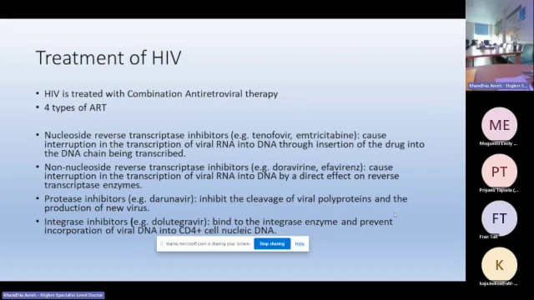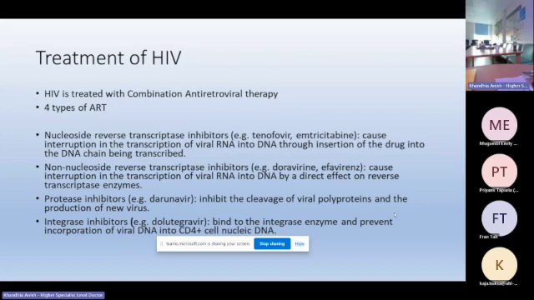Now, I just wanted to look very briefly at the treatment of HIV. Previously it was called highly active antiretroviral therapy, or HAART, but now that's been taken over by combination antiretroviral therapy, so you may see it written as CART. There are 4 types of antiretroviral drugs. There are nucleoside reverse transcriptase inhibitors, which interrupt the transcription from viral RNA into DNA.